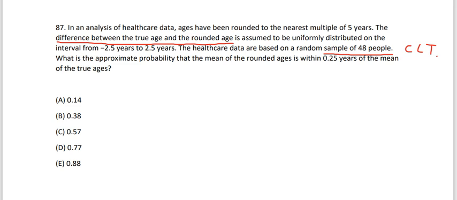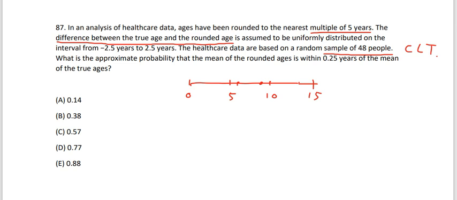Rounded age is a multiple of 5, like 0, 5, 10. If a person's age is 9, we round it to 10. If it's 6, it is rounded to 5.